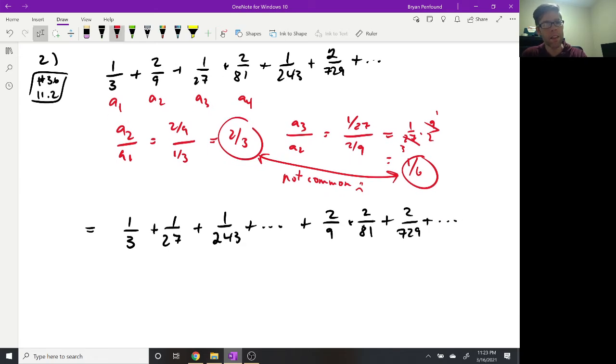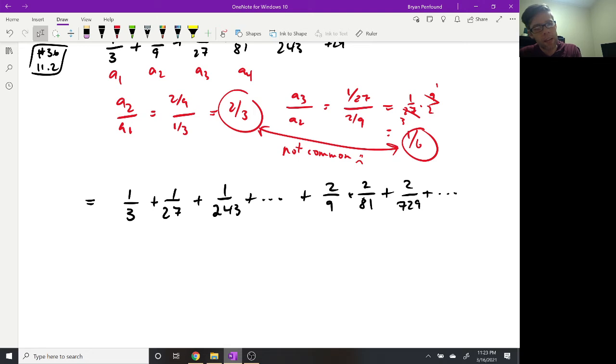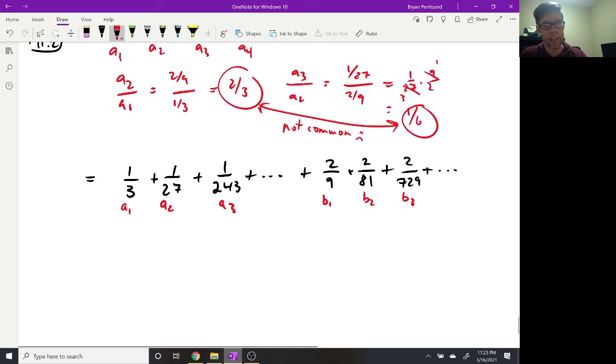Then let's try this again. Let's label these as A1, A2, A3, and these as B1, B2, B3, thinking about these as two separate series that are getting added together.